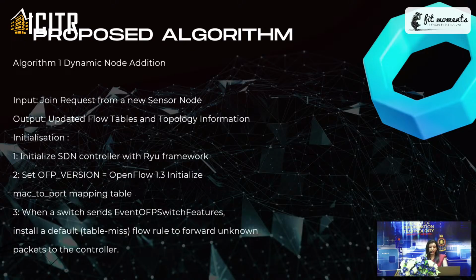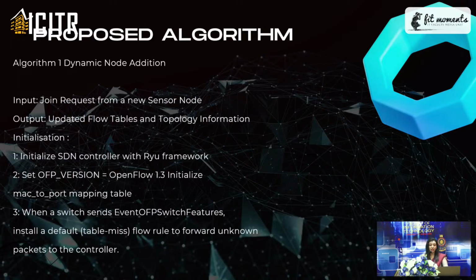So after initialization, the switches forward all the packets. When a new sensor node sends a join request, the switch forwards the packets to the controller. Then the controller learns the MAC address and the port it is connected to, and updates its internal mapping table.